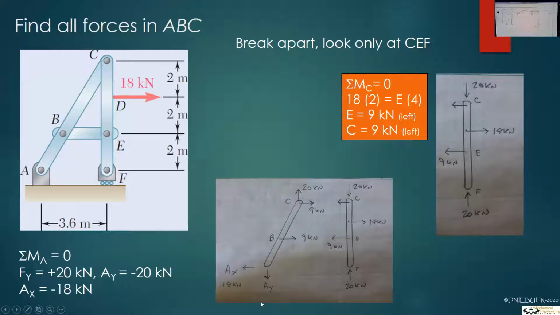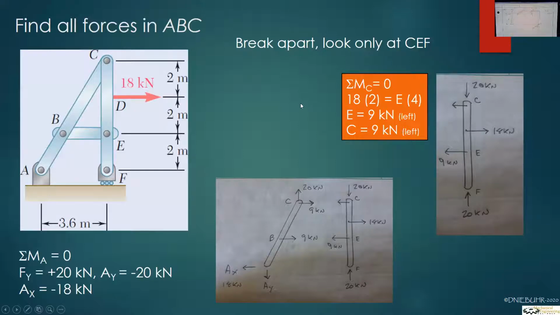And we know that AY was negative 20, so therefore CY has to be positive 20. But we also knew that because the C forces have to be equal and opposite. So everything checks out on this frame and all the forces fall into place. If they don't, then obviously something has gone horribly wrong.